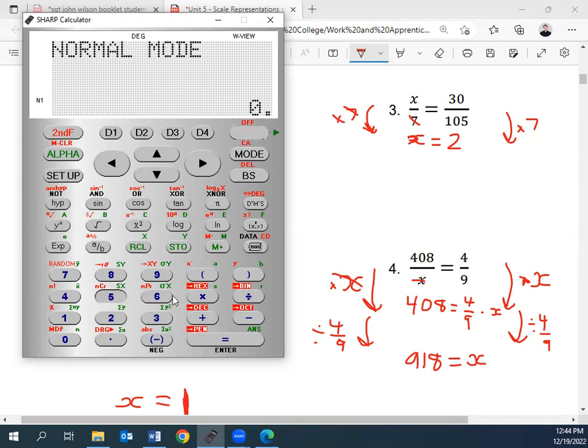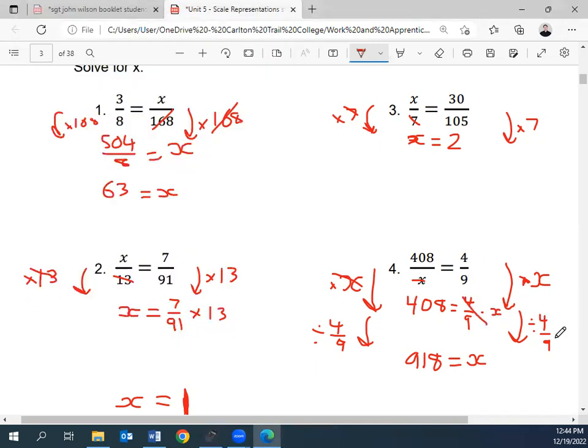Or 5 divided by 1/4. Like that's a quarter, right? Why is it 4/9 then? Because that's just what it tells us it is over here. And then we need to divide by 4/9 to get x by itself.